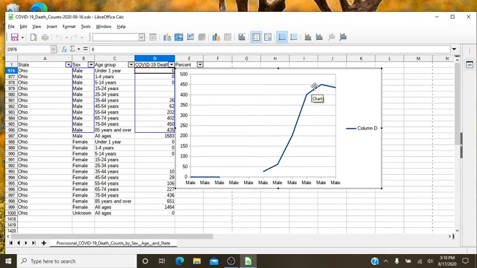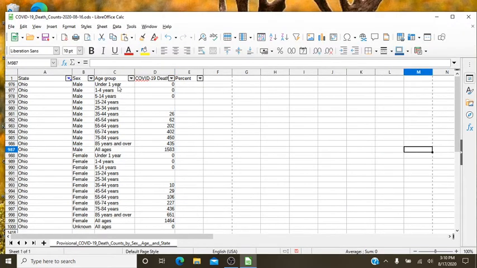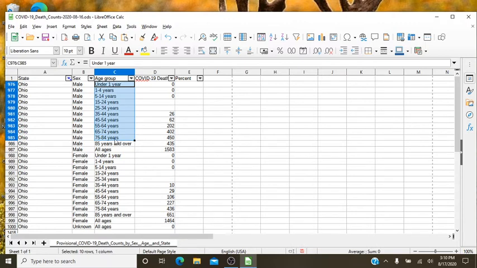A huge spike by age. That's not by age. Once again, males.